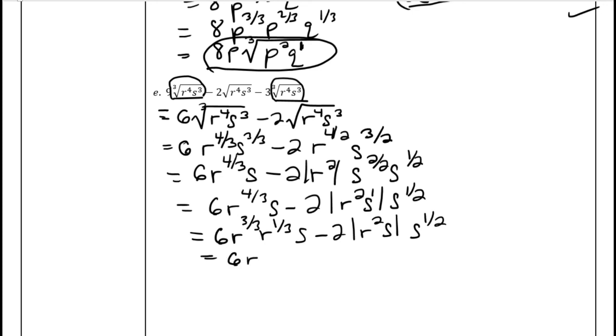So I'm going to put the rs together, and then r to the 1/3 is cube root of r. All right, I like to put the terms here before the radical. And then I got 2 absolute value r squared s, and then s to the 1 half is square root of s. All right, and then we can leave it like that.